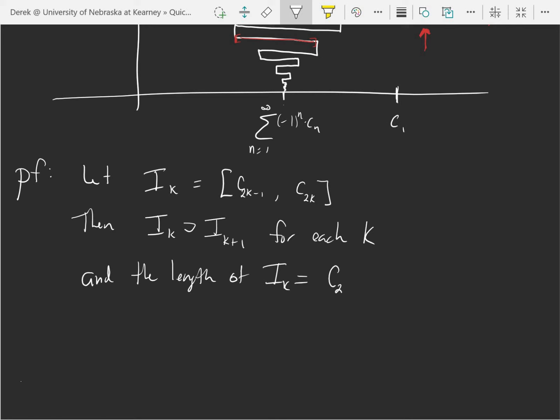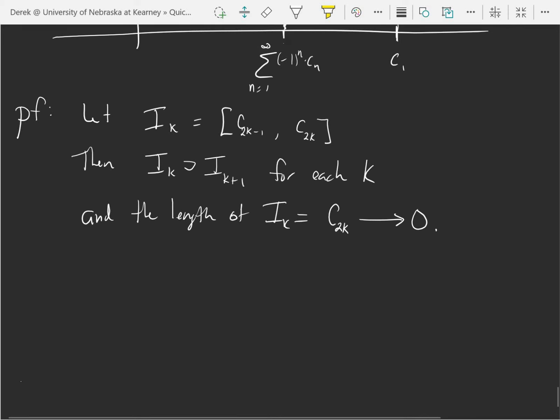It's c sub 2k, which goes to 0. By the intersection theorem, let me find you a reference for that.